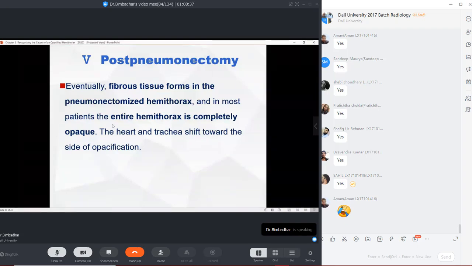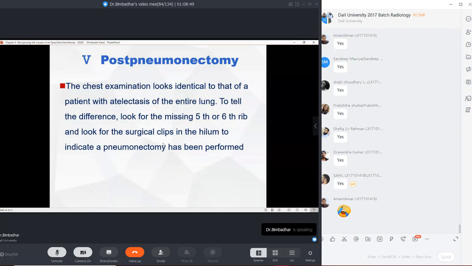So there is ipsilateral tracheal shift and ipsilateral mediastinal shift. The examination looks almost identical to a patient with atelectasis, but how are we going to differentiate? We differentiate by the missing sixth or fifth rib and the surgical clips. That is how you are going to differentiate it, right? See here, look closely. This is a very interesting image.